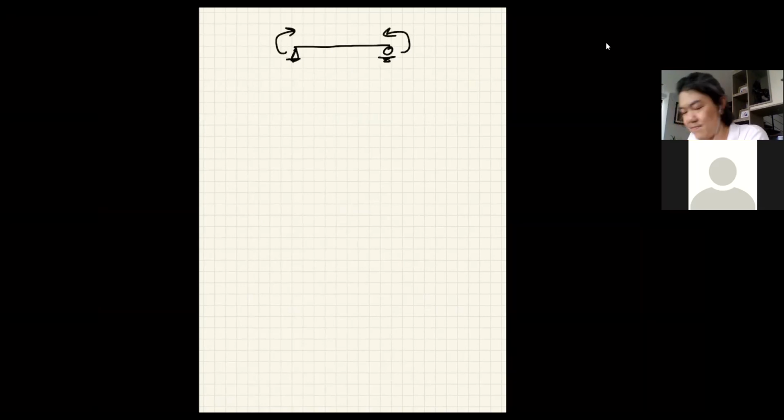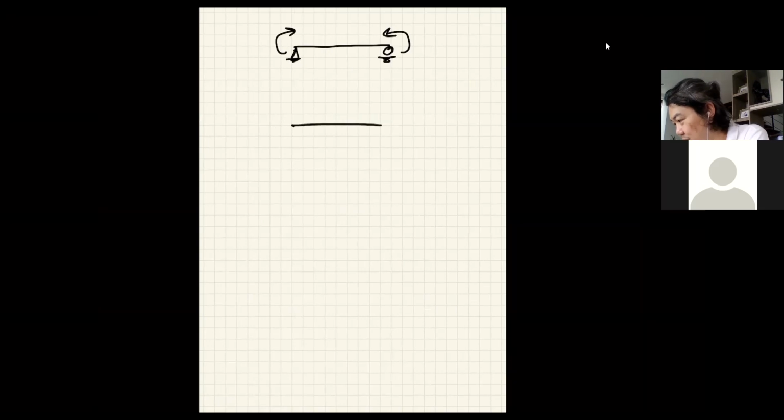So let me try and do this. We can have a beam like this, can we not? Moment. Let's say, I'm going to show you the real case now.